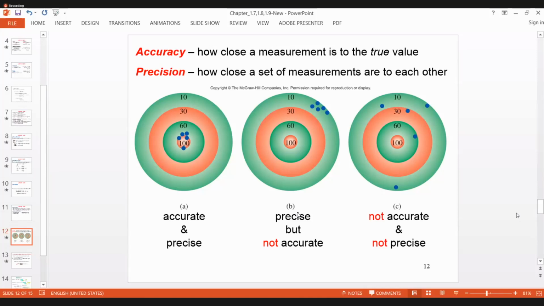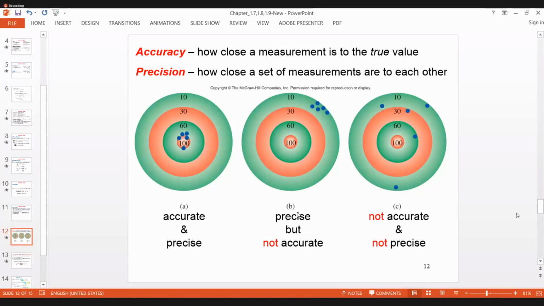But accuracy depends on the value which is given by the teacher. Suppose the teacher gives you 2.5. So that is the accurate value. And your results are 2.39, 2.41, 2.38, very close to the accurate value given by the teacher, so your results are accurate.